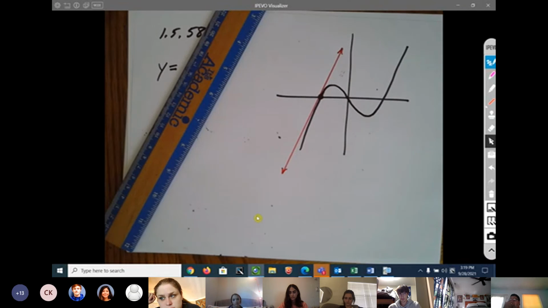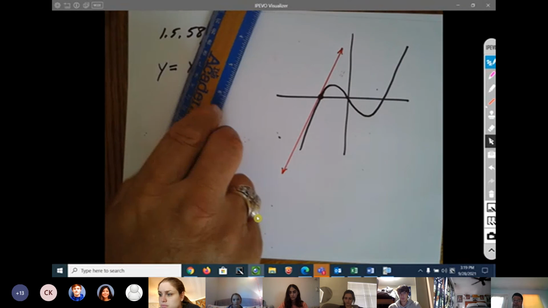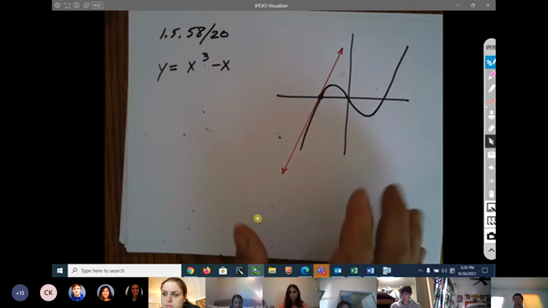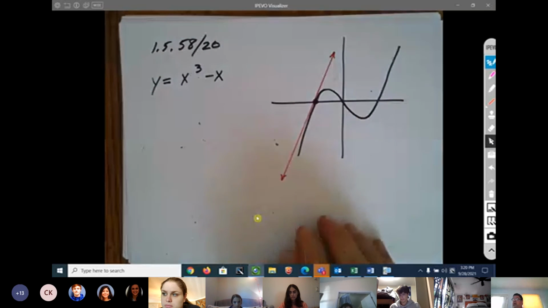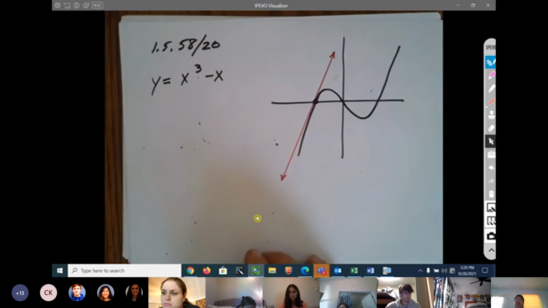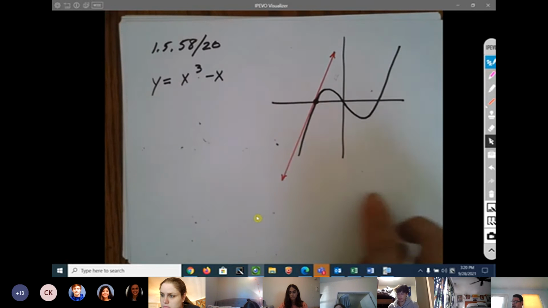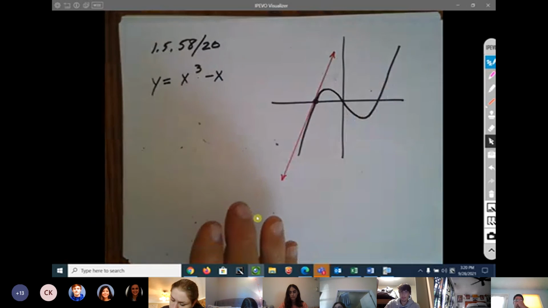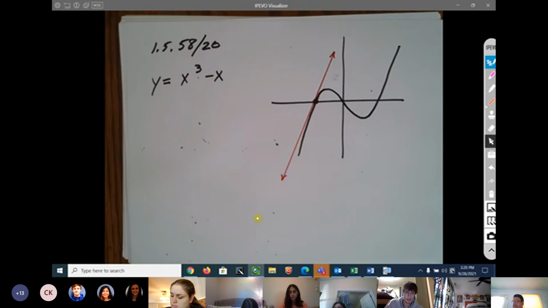What kind of slope is it? Positive. And is it going to be a shallow slope or a steep slope? Look at it. Steep. Would you want to climb that? No. I mean, that's steep versus shallow, which would be like that. So it's steep. So it's going to be a whole number. So let's see what happens.